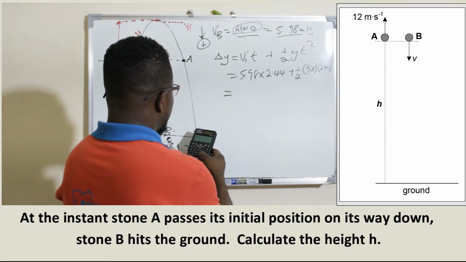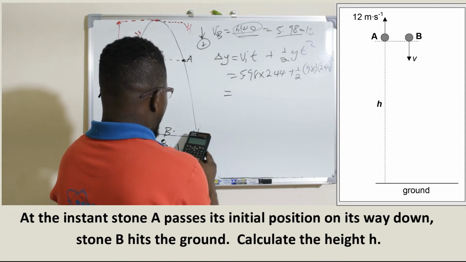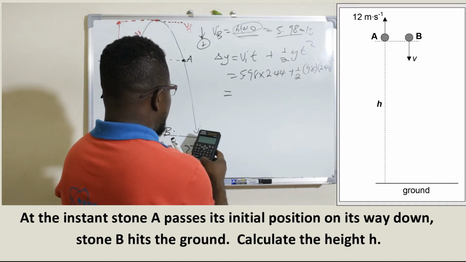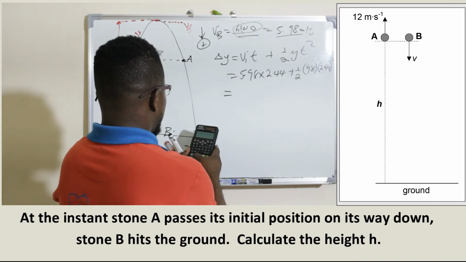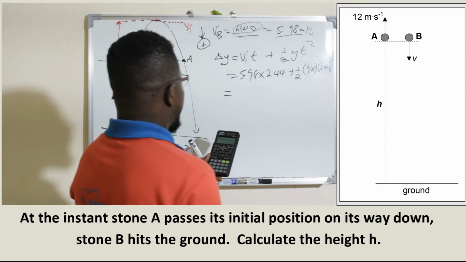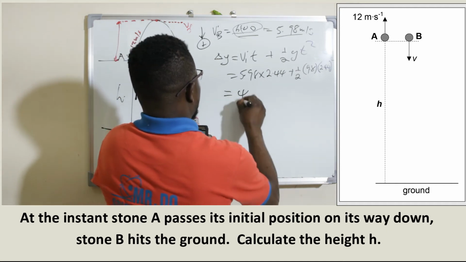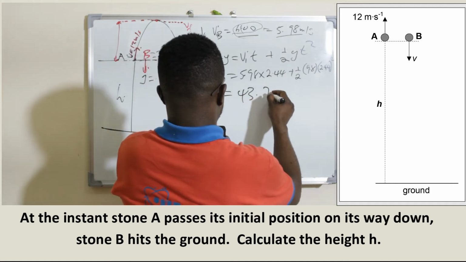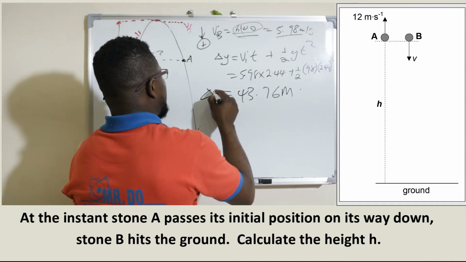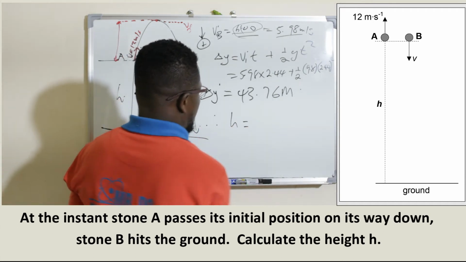Let me just make it as 0.5, and I'll multiply that by 9.8, and then multiply it by 2.44 squared. And once I do this, what am I having? I am having it as 43.76 meters.